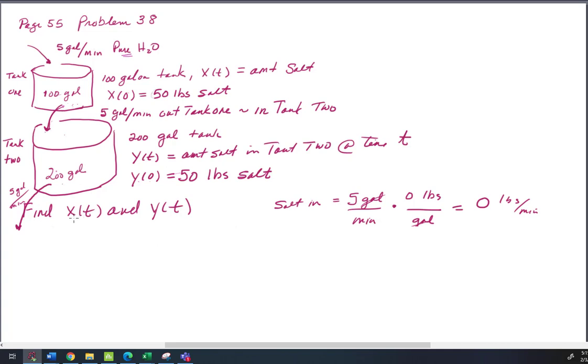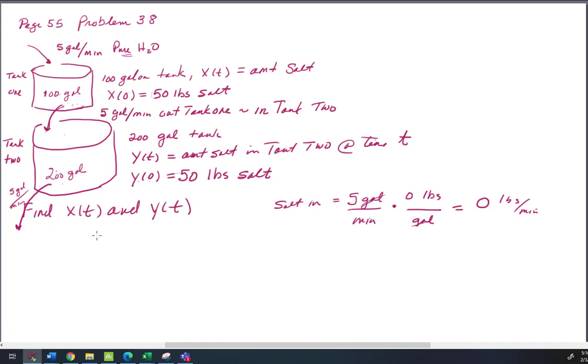Let's let x of t be the amount of salt in tank 1, and y of t the amount of salt in tank 2 at time t, of course. The first part of the problem is to find x of t and y of t.